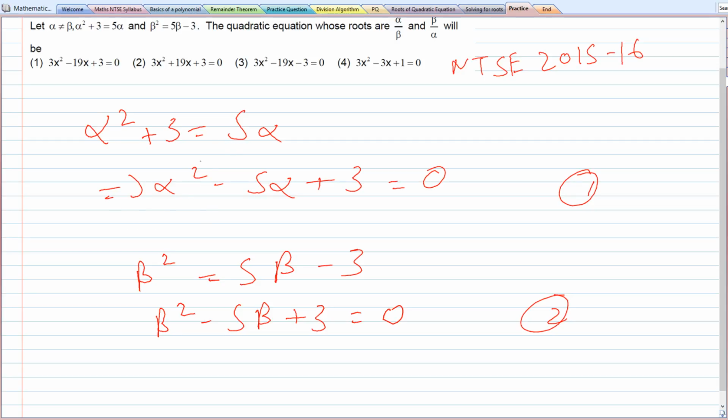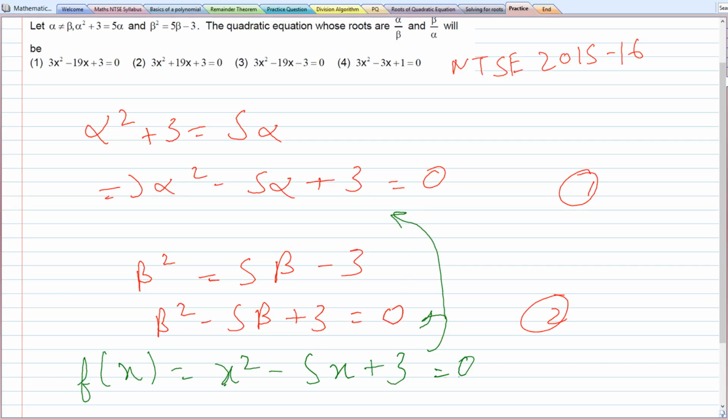If you observe these two equations, you will find a common similarity between them. What? If there is an f(x) written as x square minus 5x plus 3 is equal to 0, it will have roots alpha and beta, which will satisfy these two given conditions.